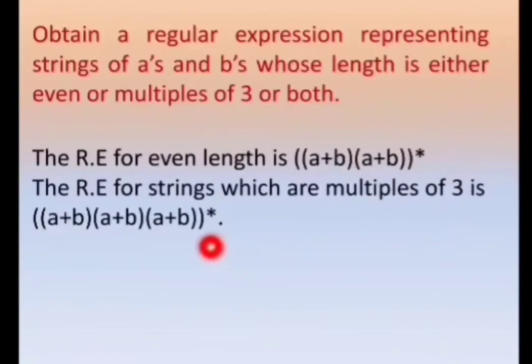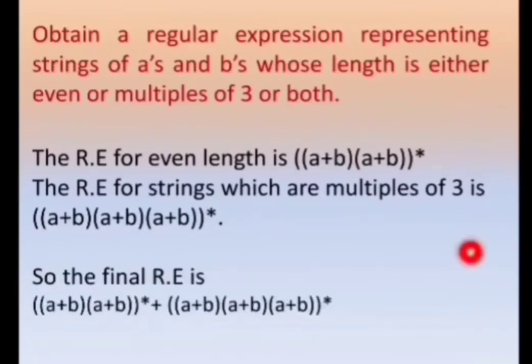So 3 characters repeated any number of times, so multiples of 3. So the final regular expression is ((A+B)(A+B))* for even, plus ((A+B)(A+B)(A+B))*, which is the multiple of 3. So if we combine these two, we will get the condition, that is both, as given in the question.